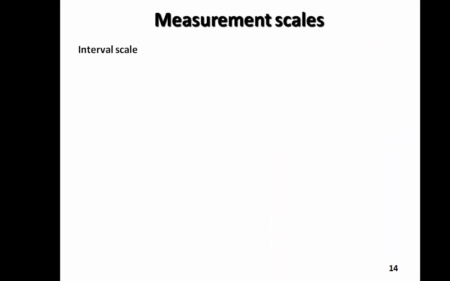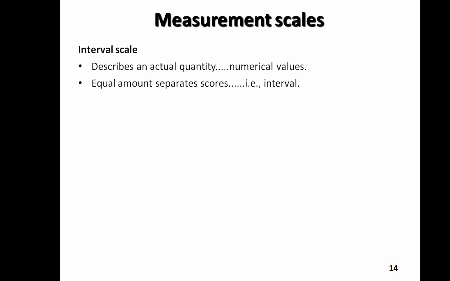Moving up one scale is the interval scale, and at this point we start to actually describe a quantity. So we use numerical values that will apply a magnitude to the item or the variable that we are quantifying.